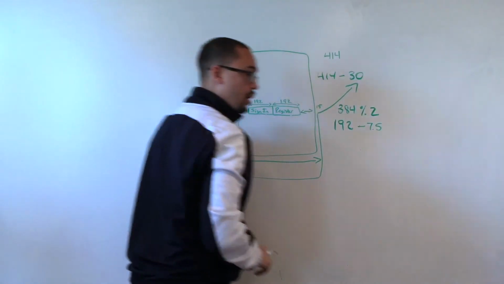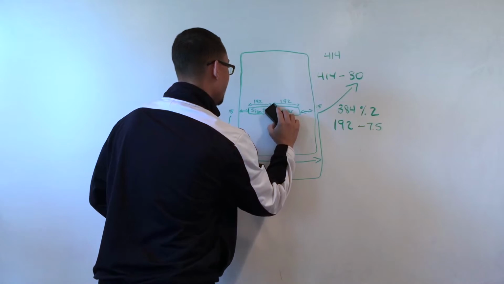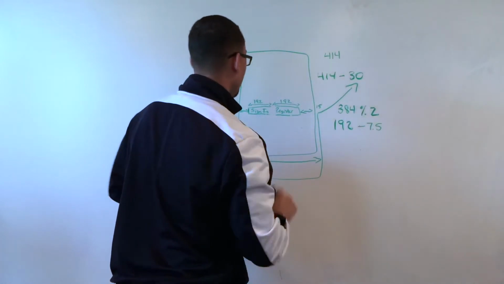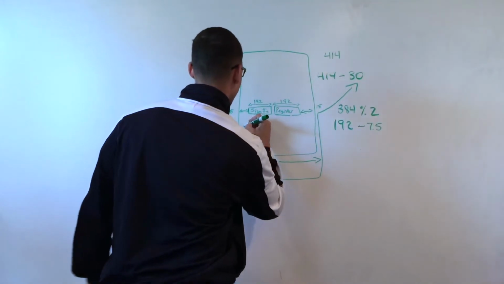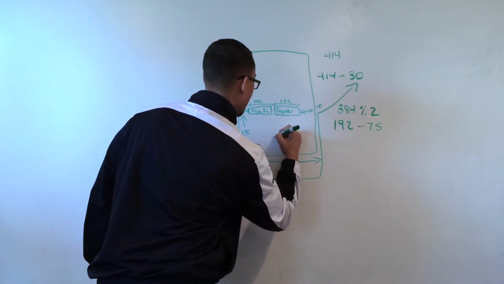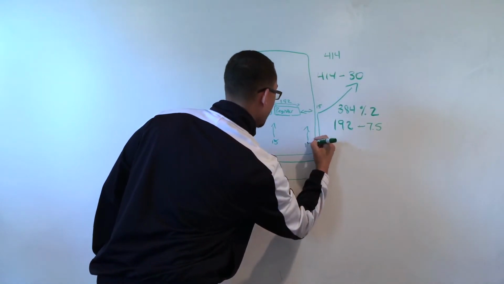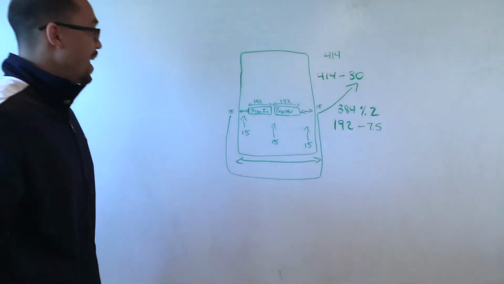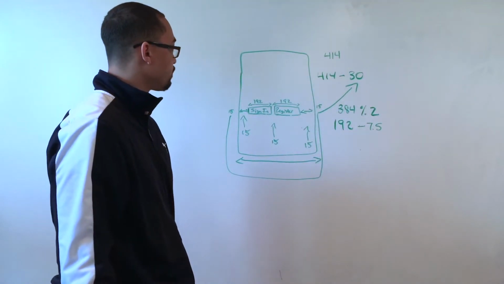That's going to give you that 15 right in the middle. So then you have 15 here, 15 points here, and 15 right on the end. And that's how you equally spread the buttons across the width of the screen.